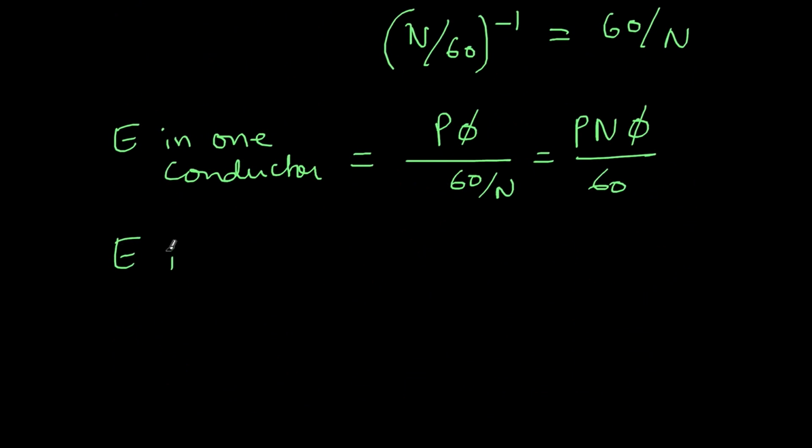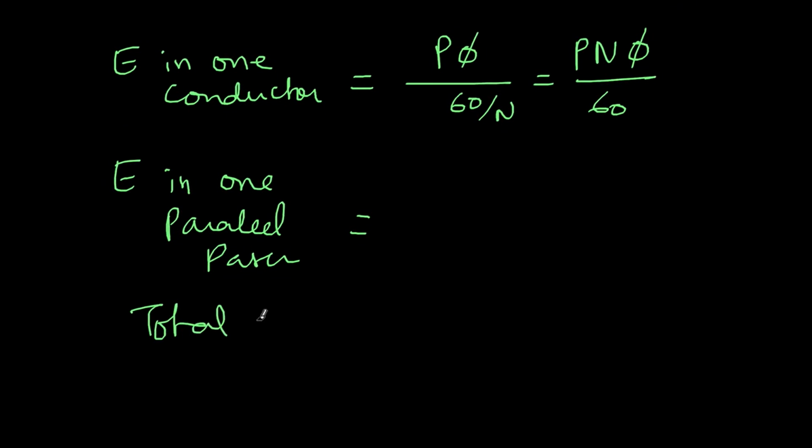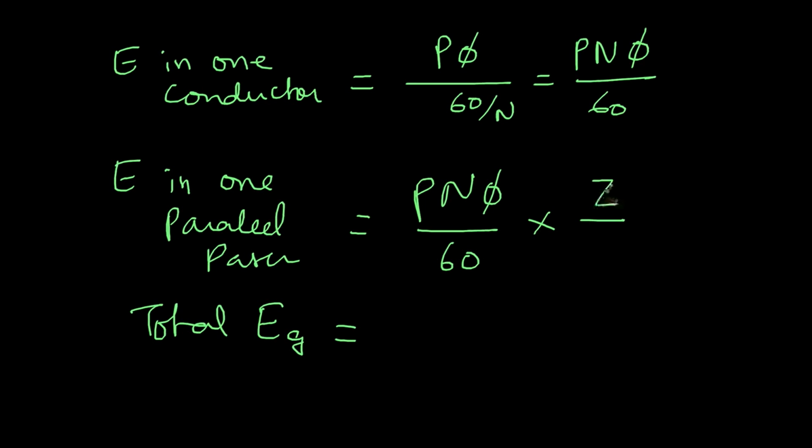Now what about the EMF in one parallel path, which is nothing but the total EMF? So the EMF in a parallel path is nothing but the EMF per conductor multiplied by the number of conductors per parallel path.